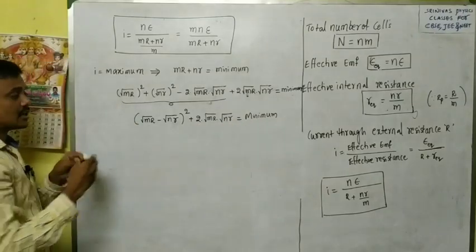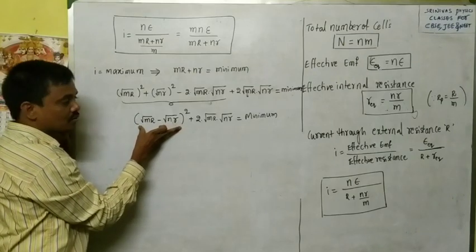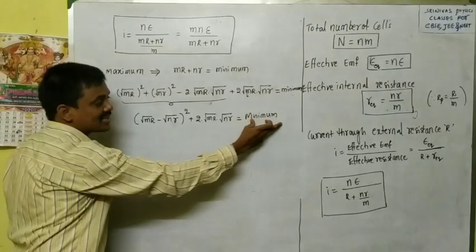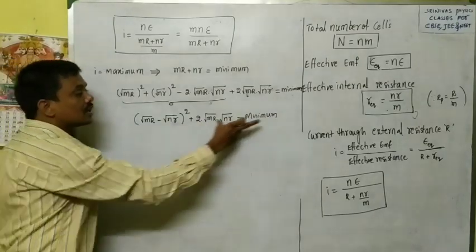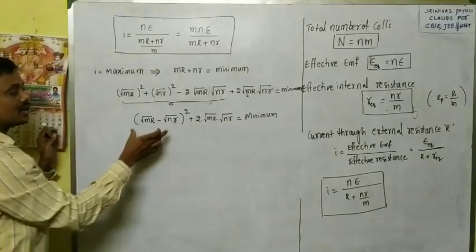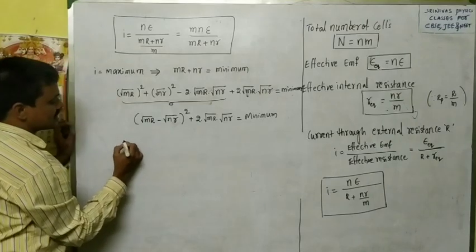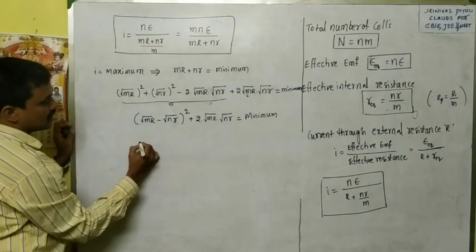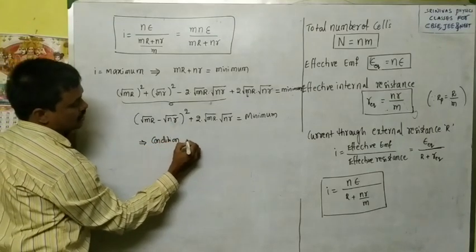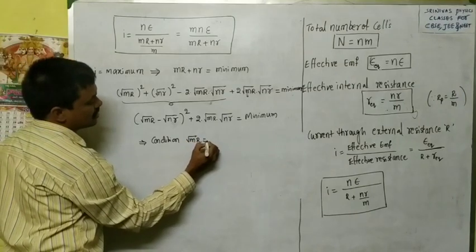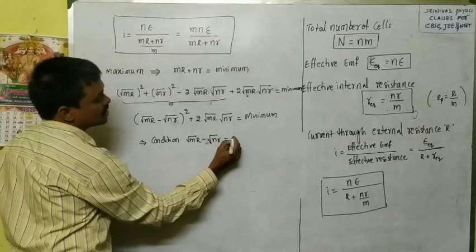When will we get this term minimum, right? If this term is 0, then 0 plus something we are adding, we will get some less value. In order to get the less value, if one term is 0, then you will get the sum as less. In order to get the sum as minimum, the condition is that root MR minus root NR is equal to 0, right?